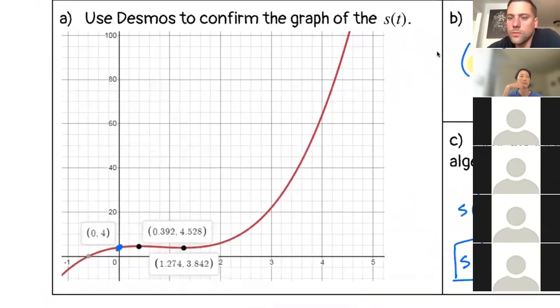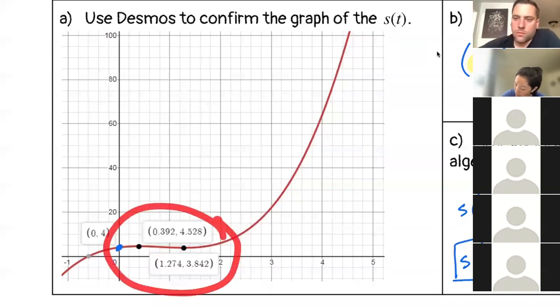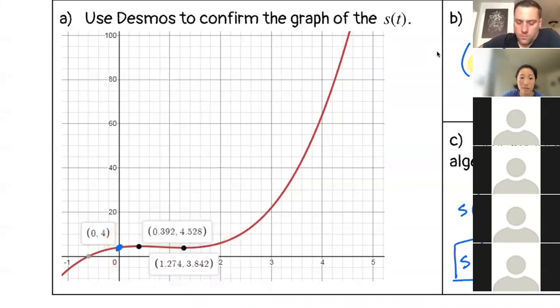Where would you say the slope equals 0? Yeah, like somewhere in that middle part, right? Somewhere in here, we think that slope is going to be 0.